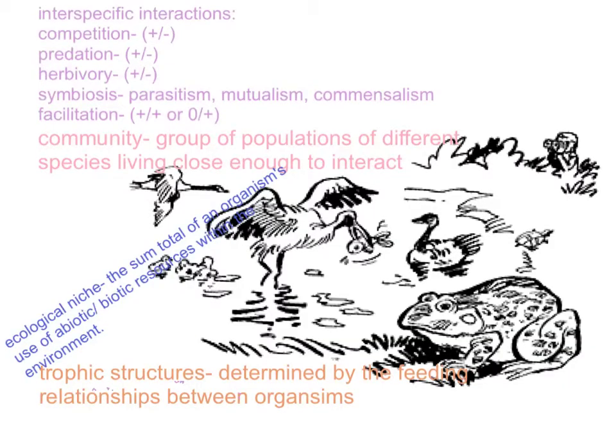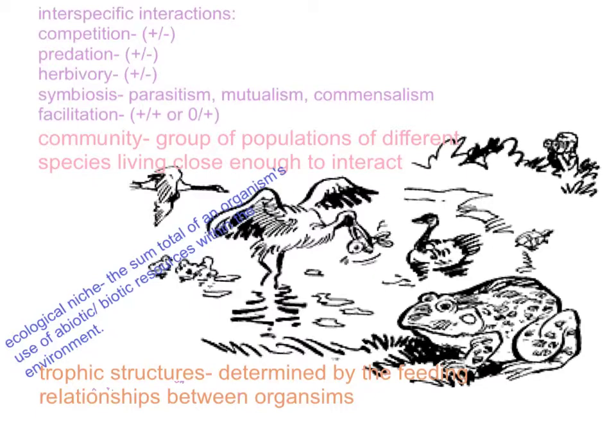Now, with the interspecific interactions, we get competition, which is like the competitive state, which is either a win or a loss for the organism. You have predation, which is the same, a win or a loss, so positive or negative. Herbivory, which is positive and negative.